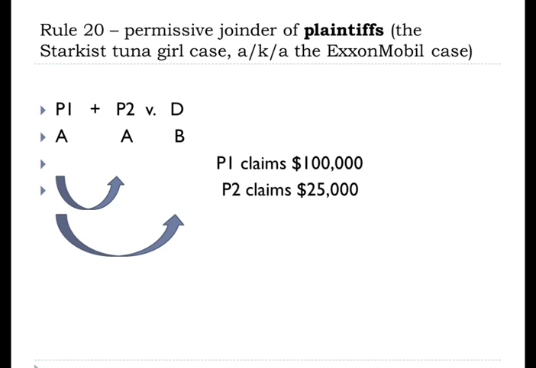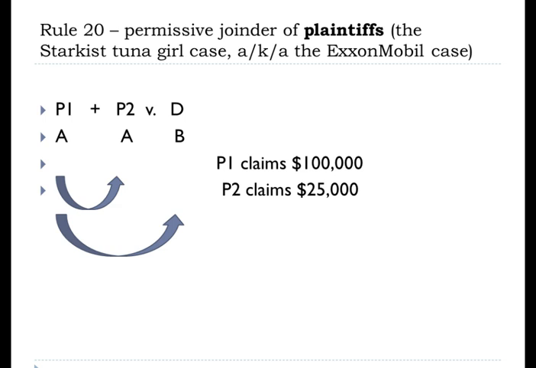Plaintiff 2's claim against the defendant is for $25,000. So Plaintiff 1's claim is the IT claim that could get into federal district court on its own. Plaintiff 2's claim is the wannabe claim that could not get into federal district court on its own. So first we ask the question, do the IT claim and the wannabe claim arise from the same transaction or occurrence? Yes, they do. Let's assume.